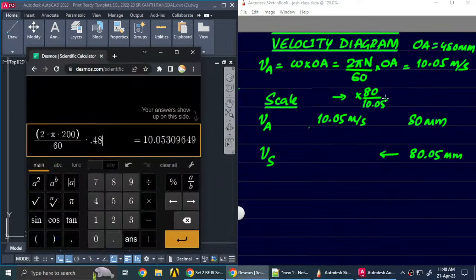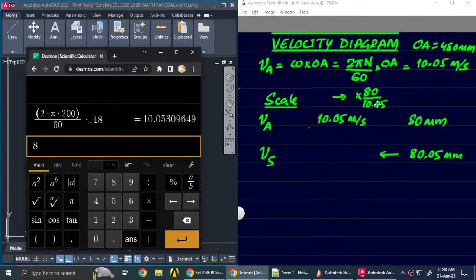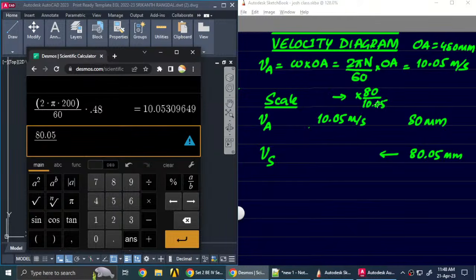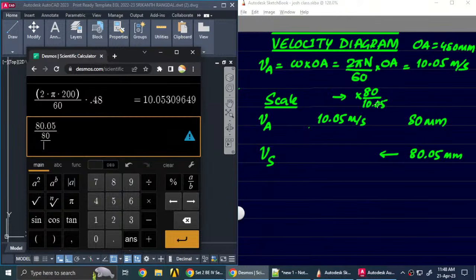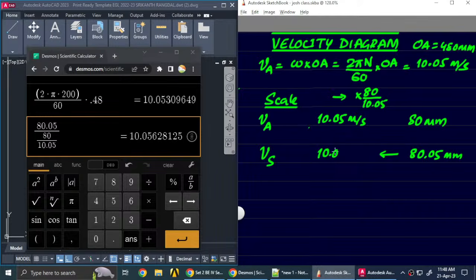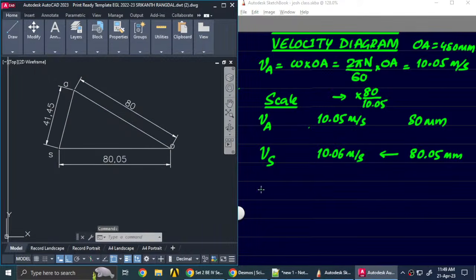So let's go ahead and do that. 18.05 divided by 10.05. Okay, so this will give us 10.06 meter per second. So that is the velocity of our slider.